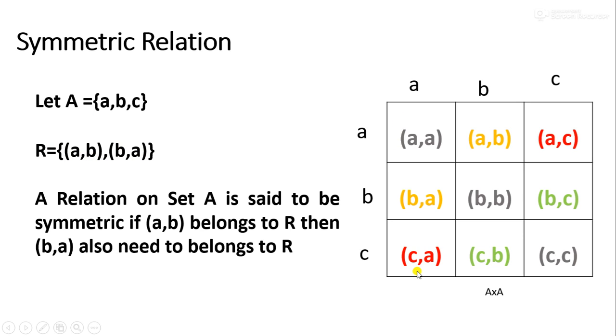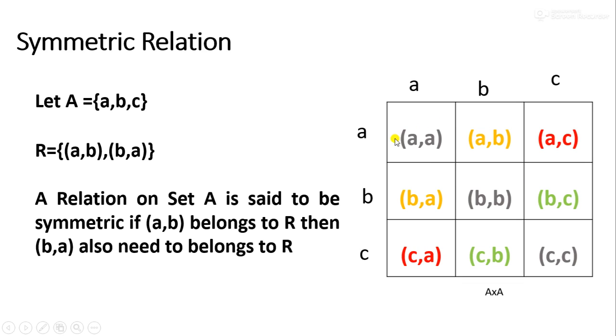In this diagram, I have colored each symmetric pair with the same color. Here BA is the symmetry of AB. Similarly, CA is the symmetry of AC, and CB is the symmetry of BC.